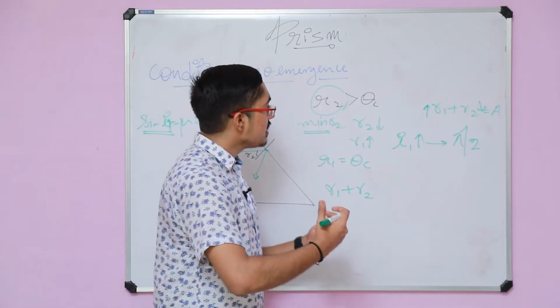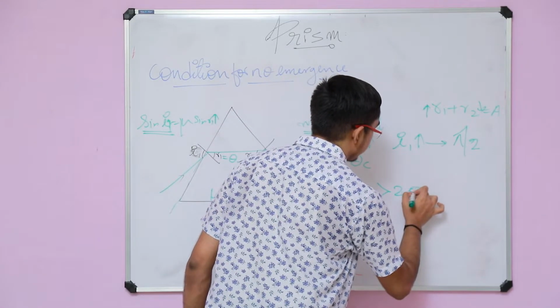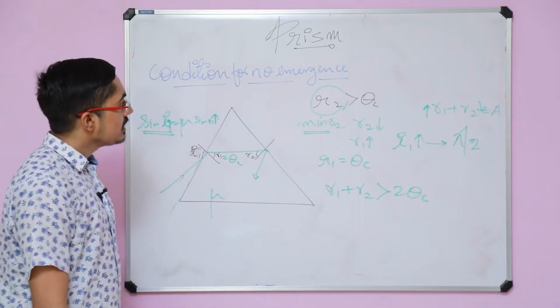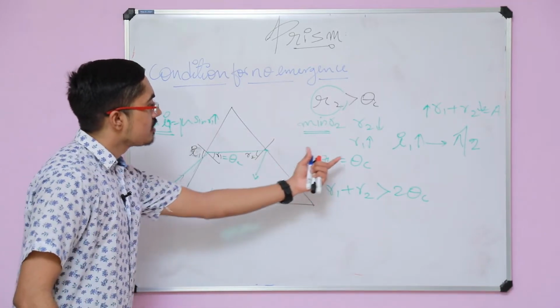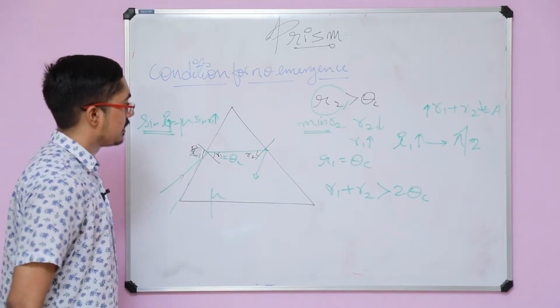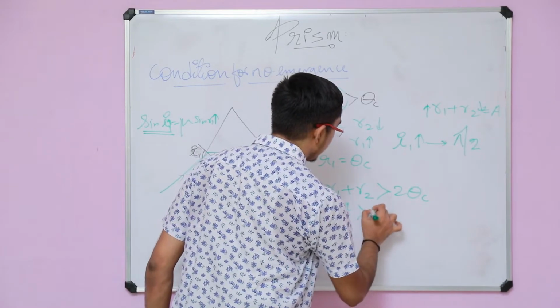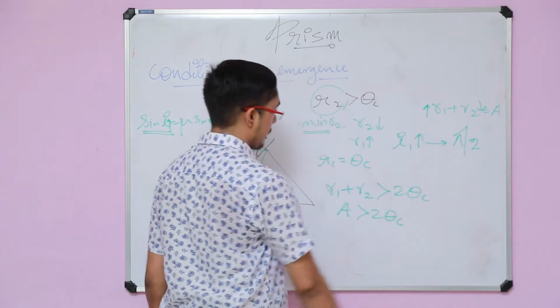So adding something with more than something will give you more than that itself, will be more than 2 theta c, right. Because R2 is more than that and R1 is this, you will get R1 plus R2 is more than 2 theta c. Common sense is applied over here, right. So R1 plus R2, that is A, is greater than 2 theta c.